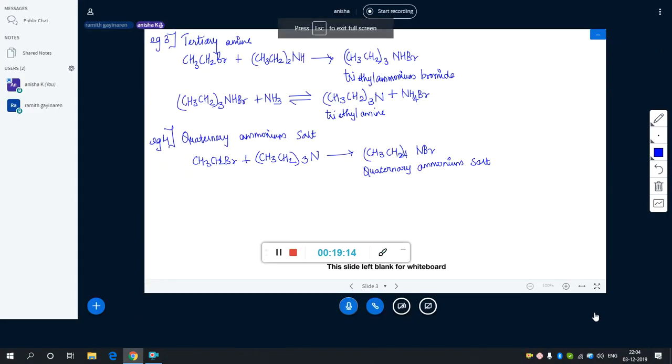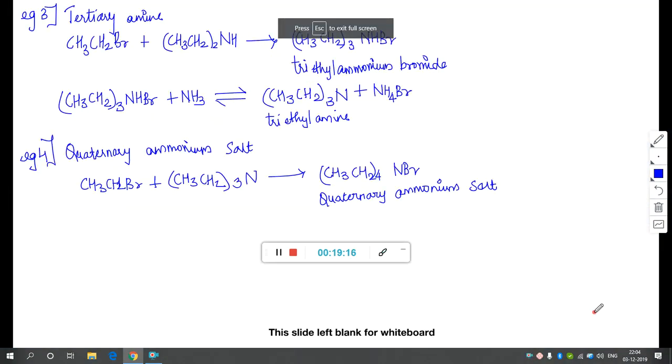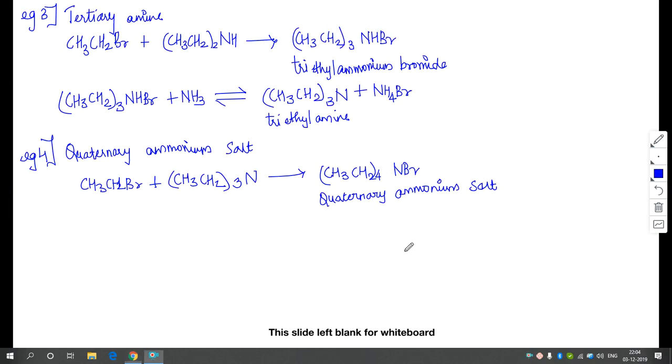So we have seen a process wherein from primary amine till quaternary amine, we have seen how they are being produced. Now, what are the conditions under which they are being produced? We are going to see that. All the reactions I'm talking about, starting from my primary amine to my quaternary, have to be in excess ammonia.